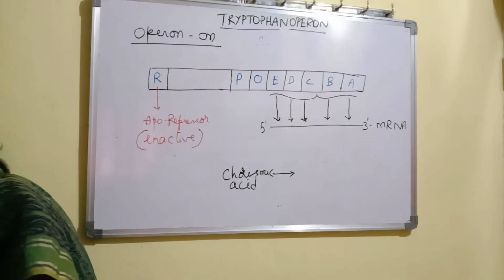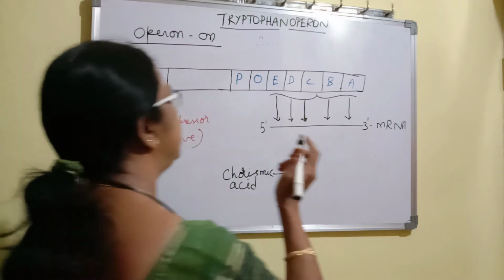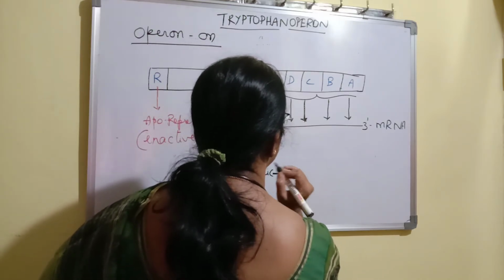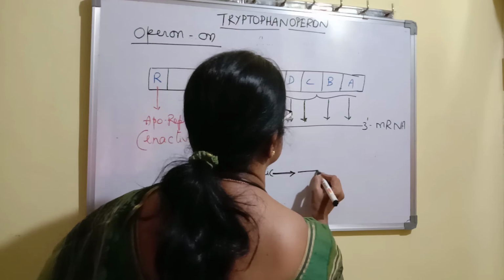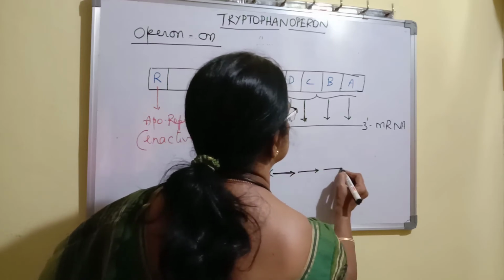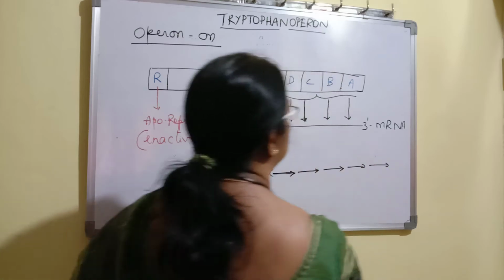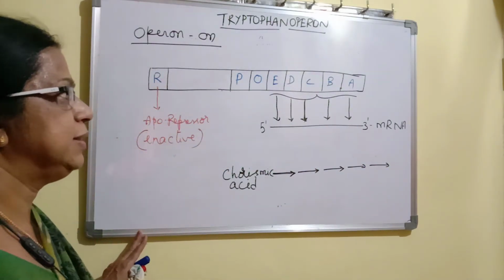So this chorismic acid, first it will produce, say, 5 types of enzymes. So this is how it will produce 5 enzymes.